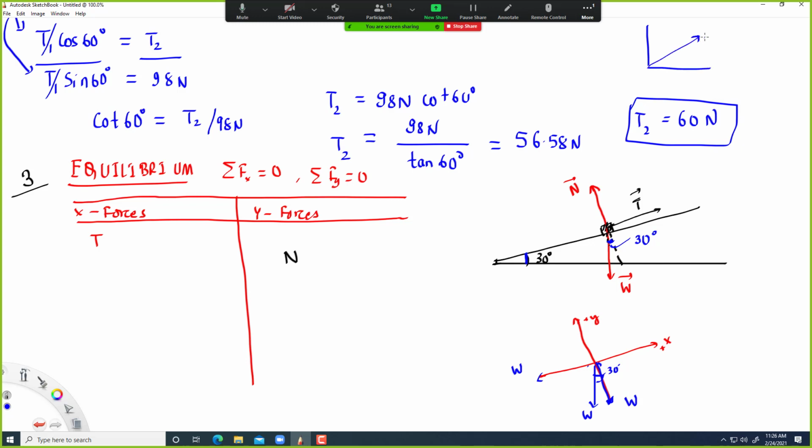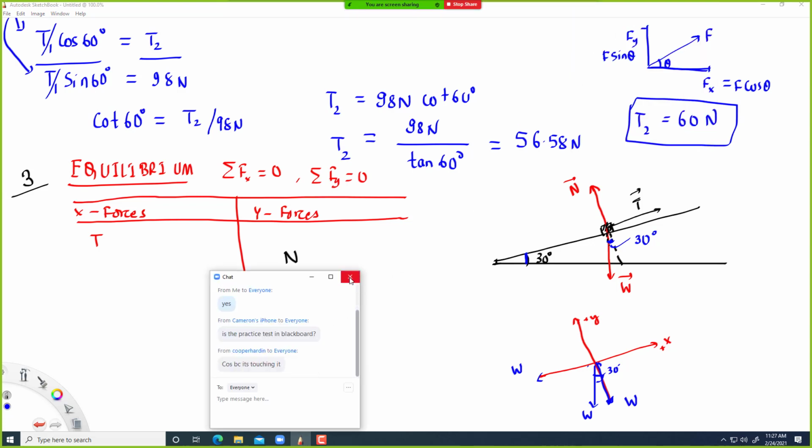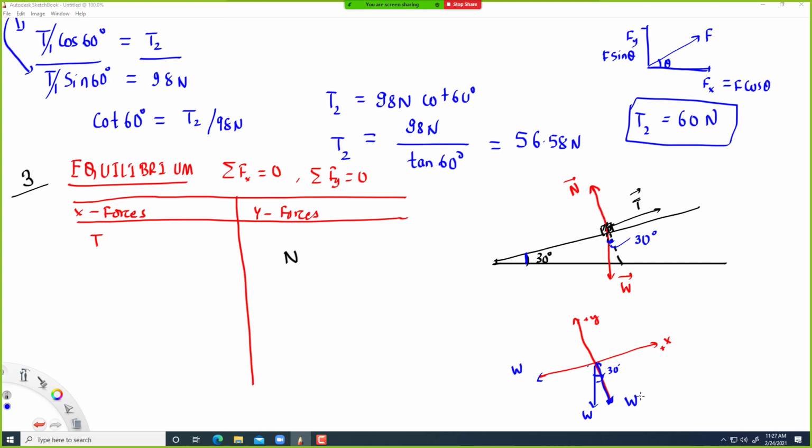You have this vector, this x component, this y component. If this is theta, then the side that touches the angle would be F cosine theta, and the side that is away from the angle would be F sine theta. Now you can decide whether it gets sine or cosine. So this one is W cosine 30 degrees, and this one is W sine 30 degrees.